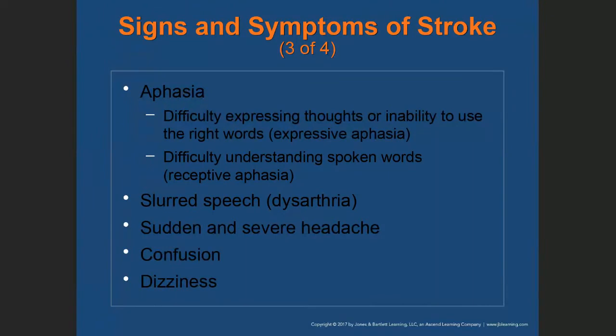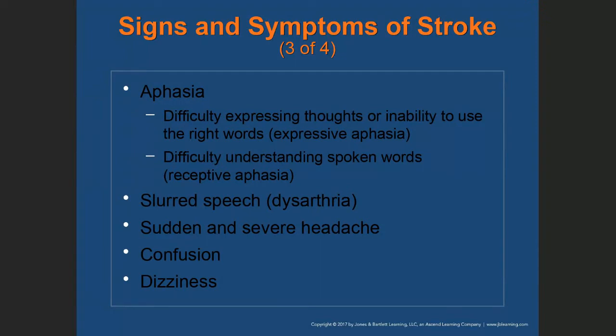You ask the patient to repeat for me, today is a cloudy day. And the patient says, the rain is falling. That's not what they want to say. They want to really say what you ask them to say, but it's not coming out how they want it to. That's difficulty expressing or inability to use the right words.